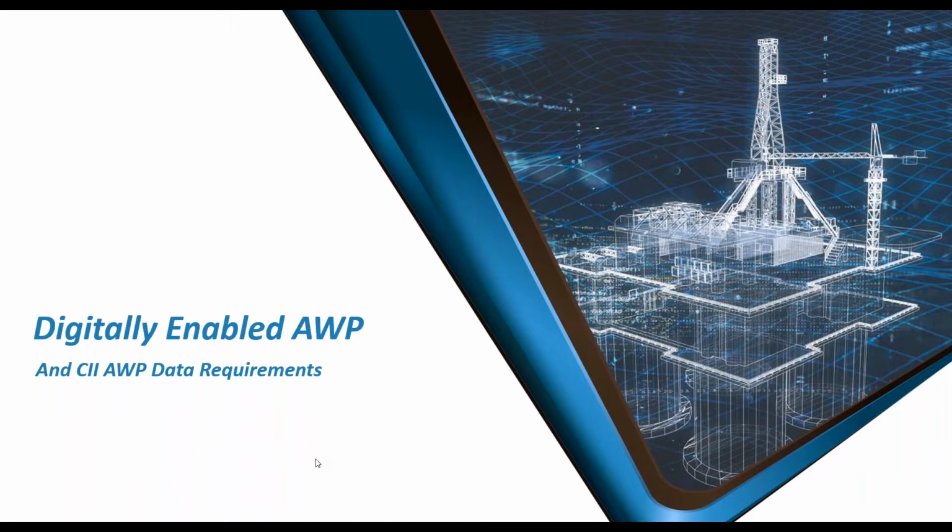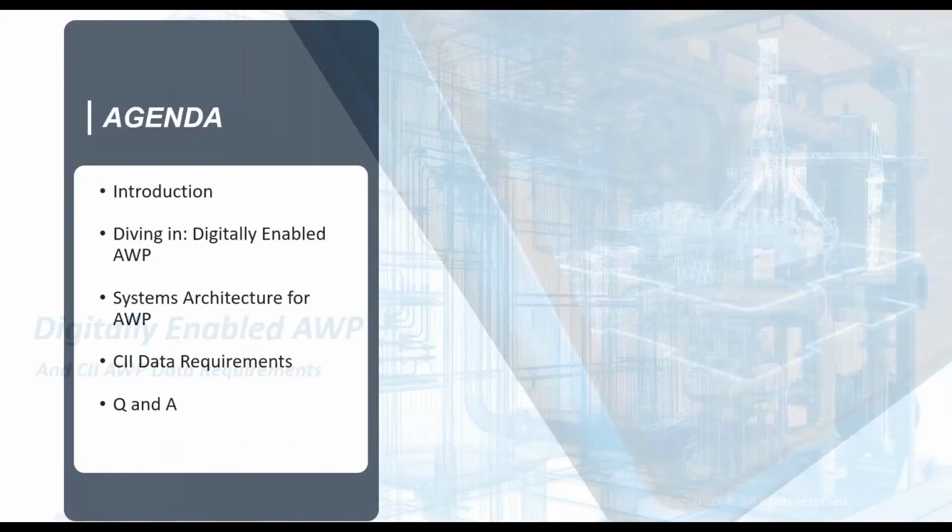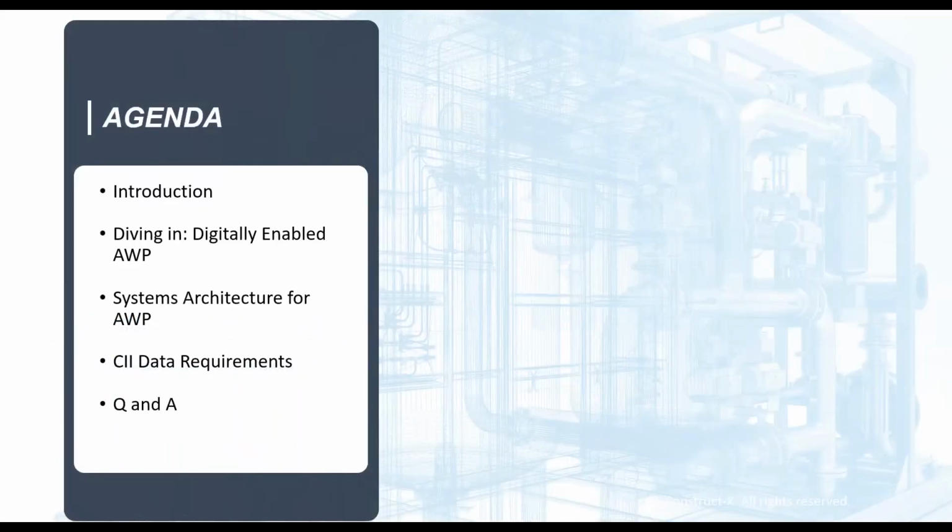So I'm going to kick off the group. I'll take you through the agenda, give you a little bit of context. The first thing is we'll connect on AWP itself just briefly. Why are we bothering in the first place, and how does digital play into that? The next thing, I'll hand it off to one of my teammates who will be looking at an overall system architecture, showing you what that looks like.